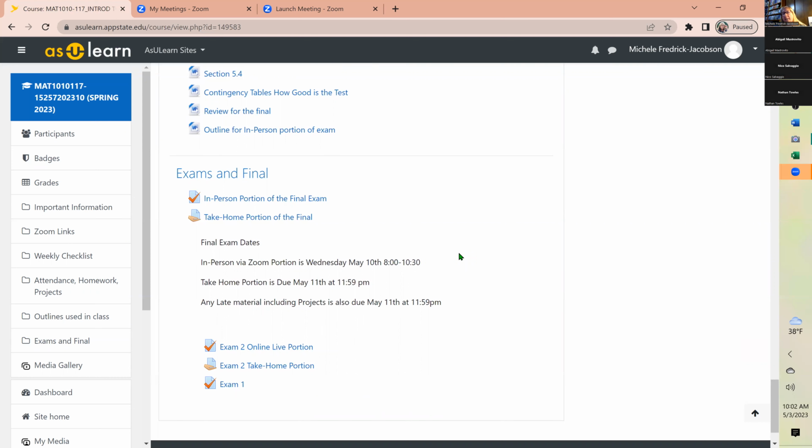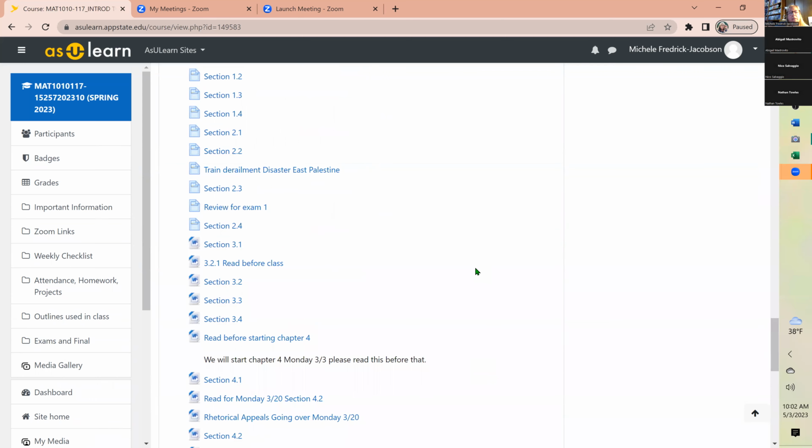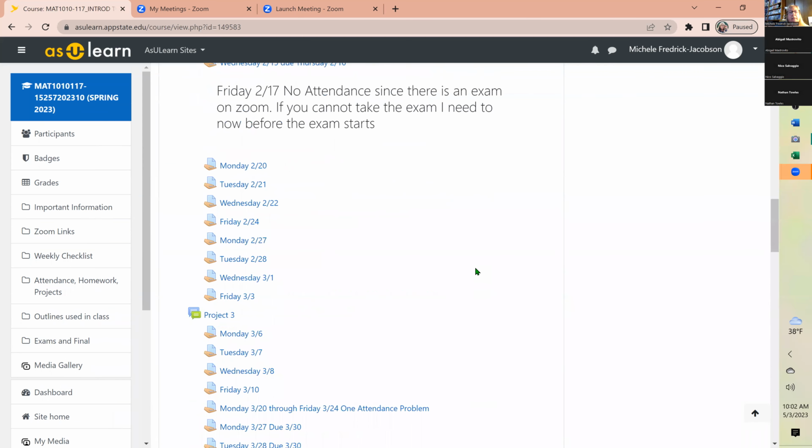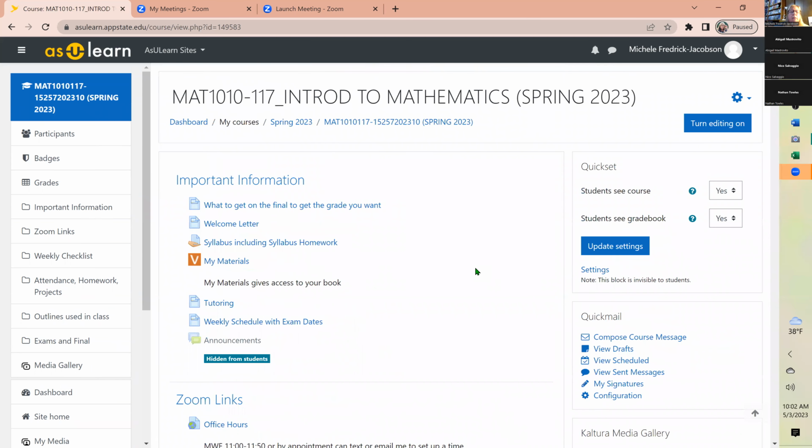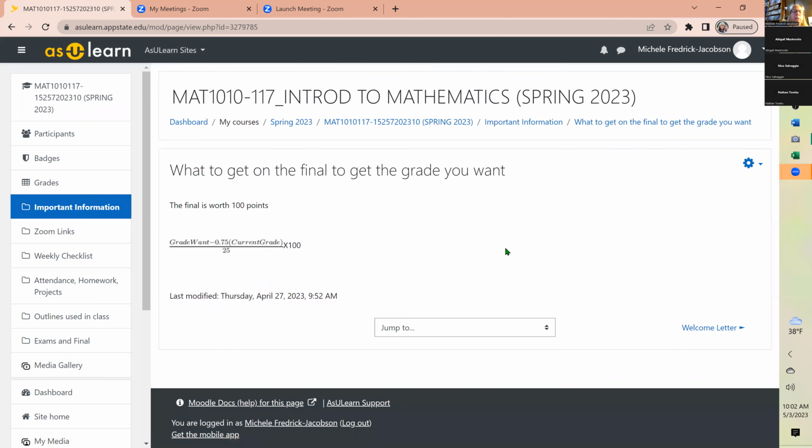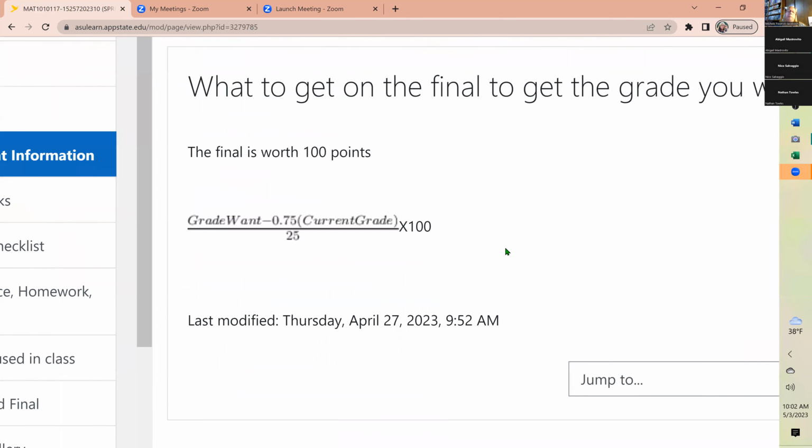So the 3 attendance problems, all the answers are right here. At the very top, what to get on the final to get the grade you want. You put whatever grade you want, 90, 80.